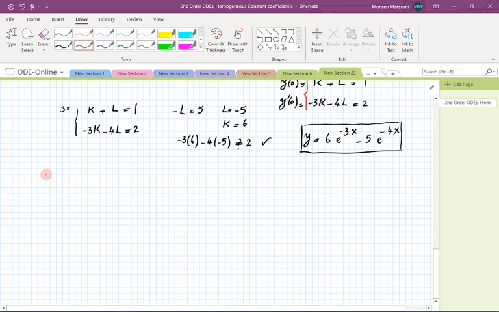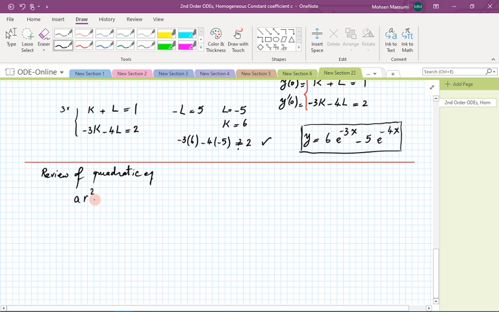Let's go ahead and do a quick review of quadratic equation. So we have ar squared plus br plus c equal to 0.